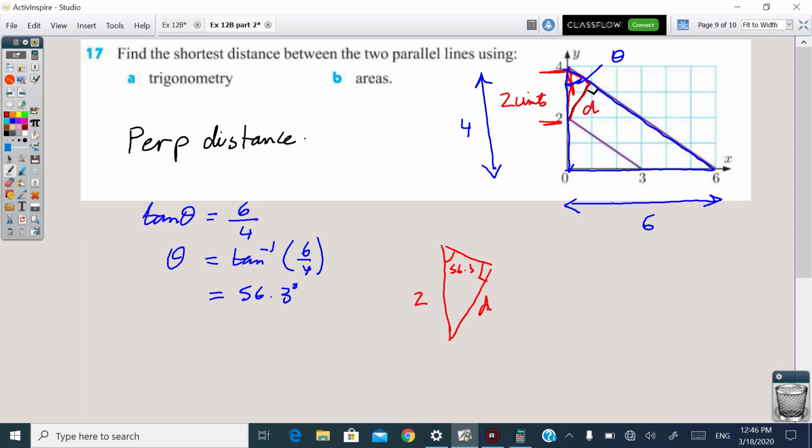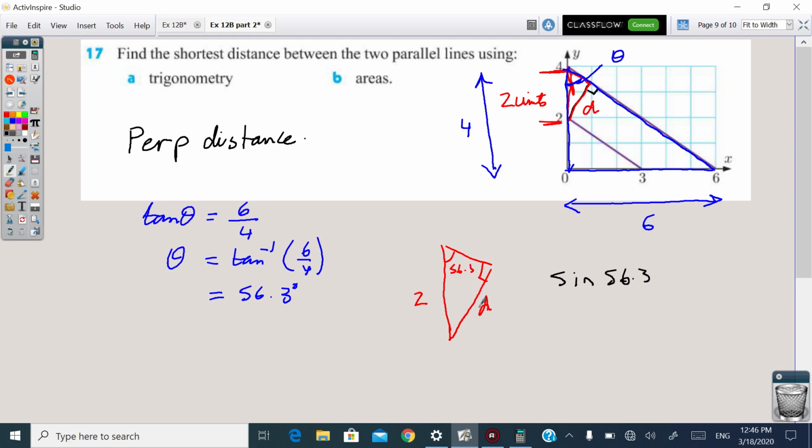As far as this angle is concerned, the side D is the opposite, side 2 is the hypotenuse, so we're talking about the sine.